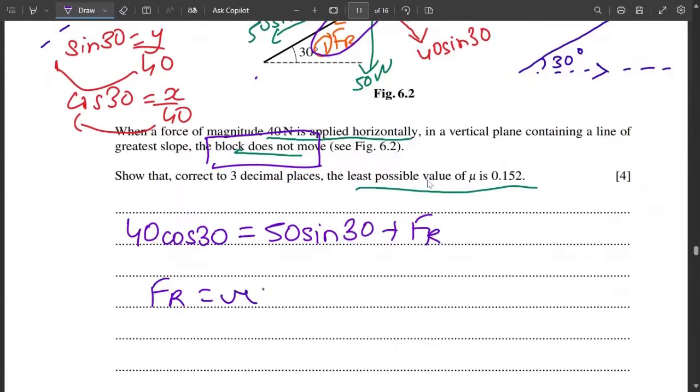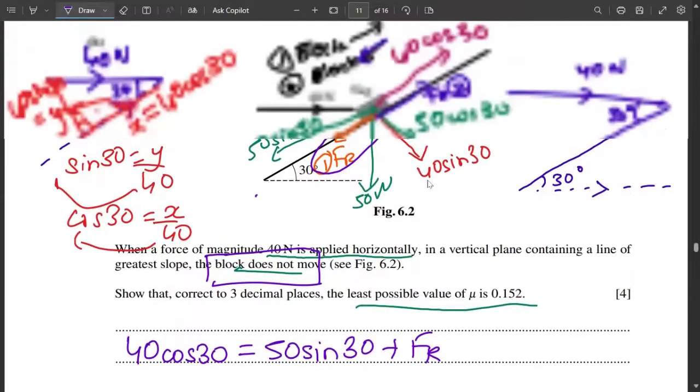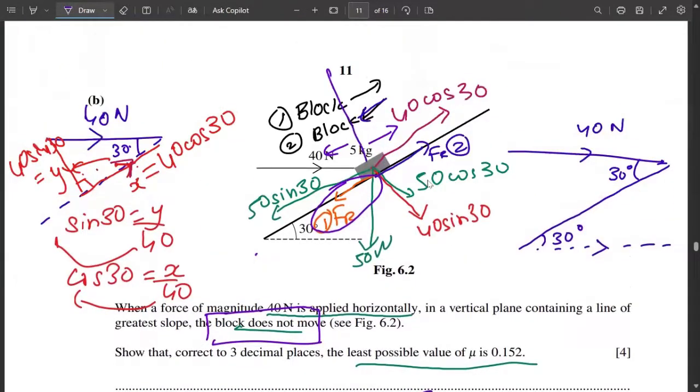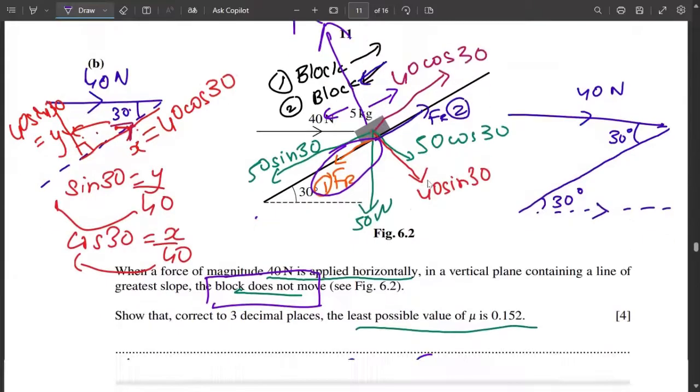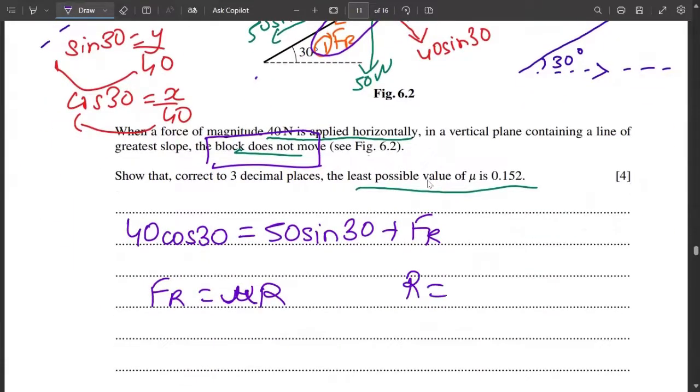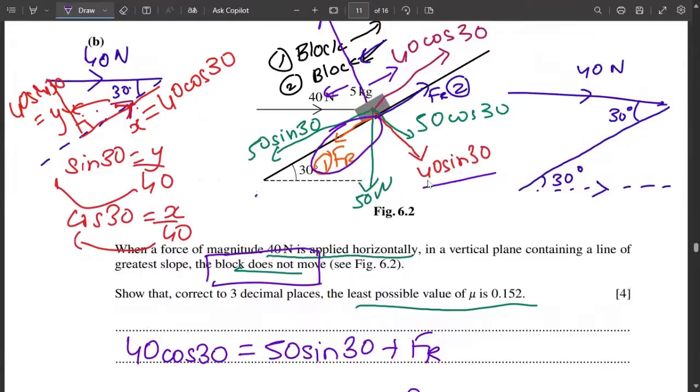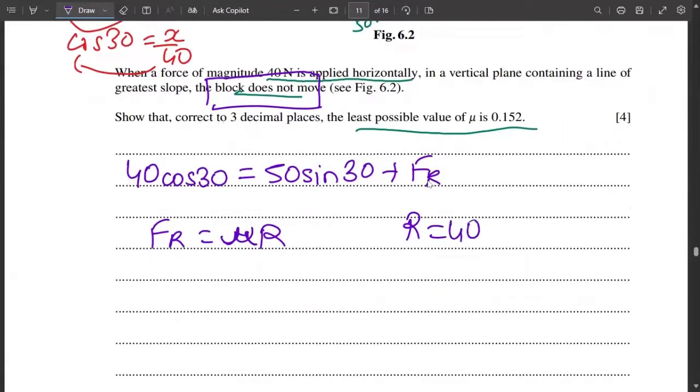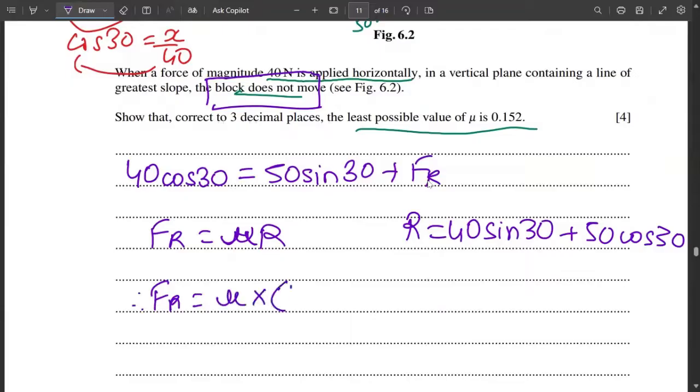Now what is the formula for FR? FR equals mu R. And what is this R? R is the contact force, and the contact force acts upwards. So R in this case will equal 40 sin 30 plus 50 cos 30. Therefore, FR is equal to mu into (40 sin 30 plus 50 cos 30).